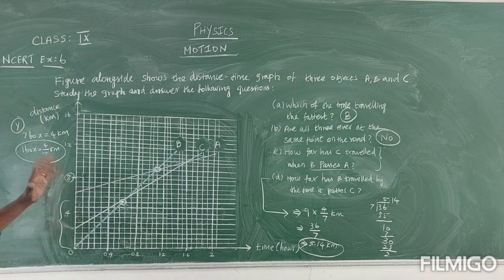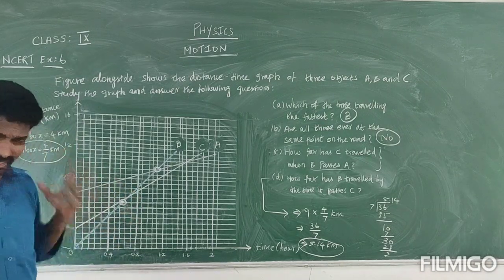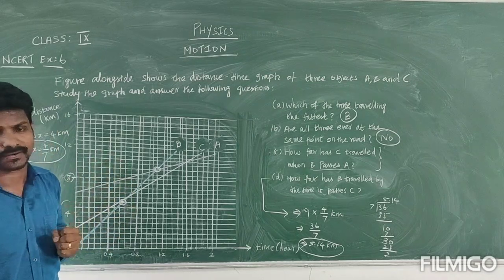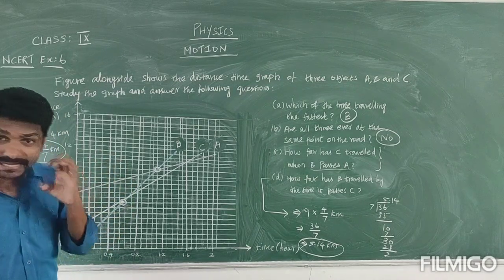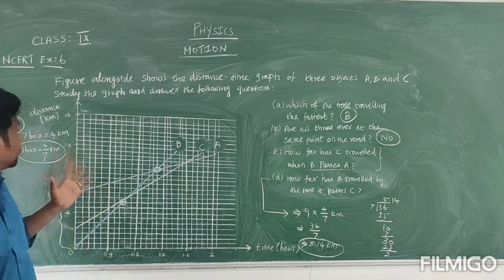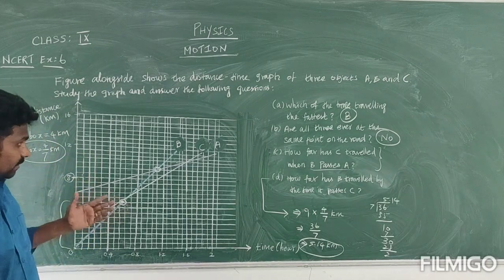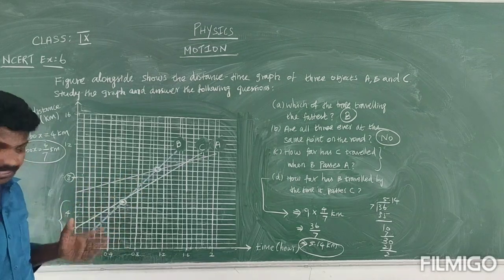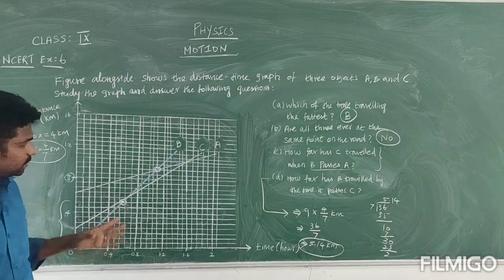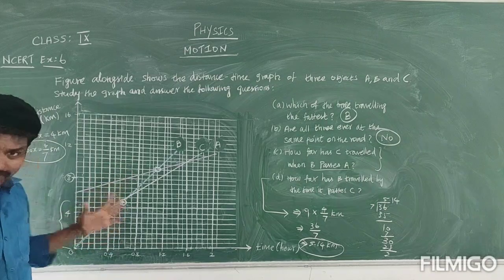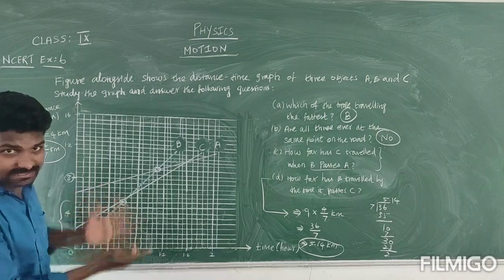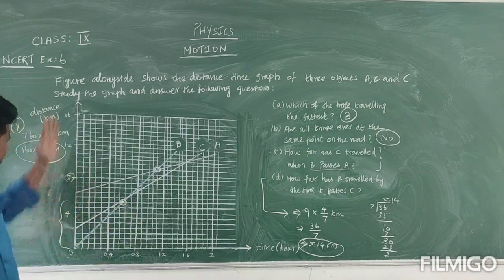I hope you understand how to analyze the graph and how to trace the values from it, and the physical meaning of this graph: a comparison between the movements of 3 objects with respect to time, the position of the object with respect to time. The slope means speed, but they didn't ask about speed, only the distance.